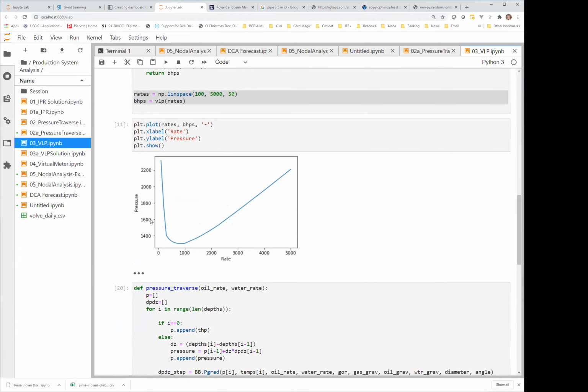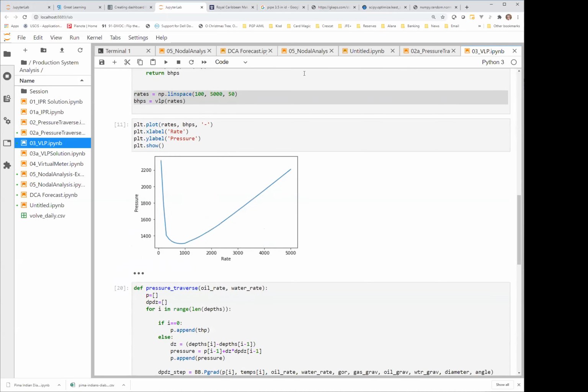But we also observe that if we have, let's assume, a fixed pressure of 1800, we may have two different solutions. Because of the nature of this curve, we have multiple solutions. One has a negative slope and then a positive slope. So we have one region where the well normally behaves unstable, and the other solution refers to when the well behaves stable.